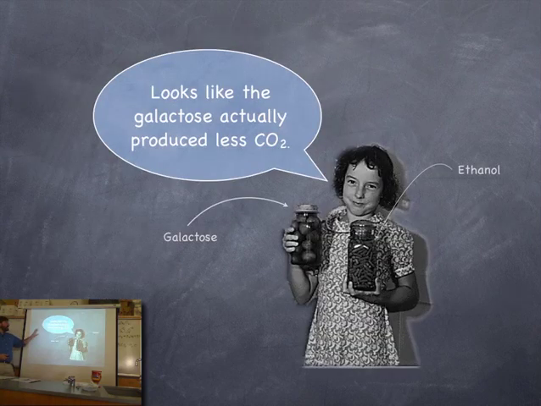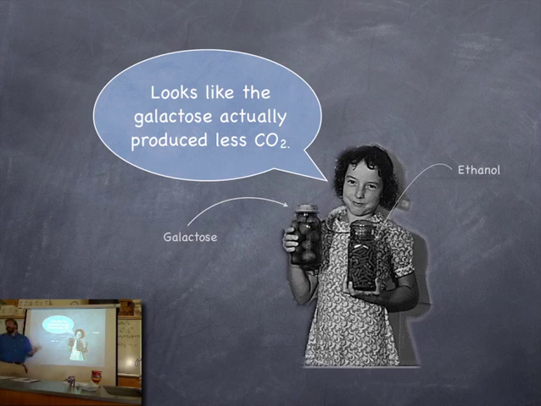So it looks like, on a per gram basis, the galactose produces less carbon dioxide per gram. If you burn 100 grams of galactose, you only produced 106 grams of carbon dioxide. If you burned 100 grams of ethanol, it was more, right? So on a per gram basis.